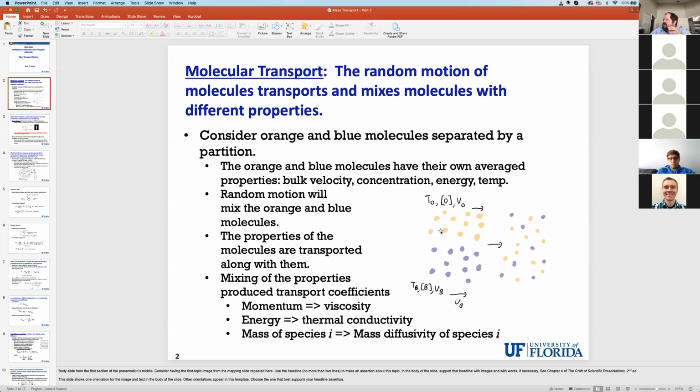And now for a solid, you can even play this sort of molecular game, but instead of molecules freely moving around, all the molecules are attached by springs. So all of the heat conduction and things like that are molecules attached by springs, vibrating around.